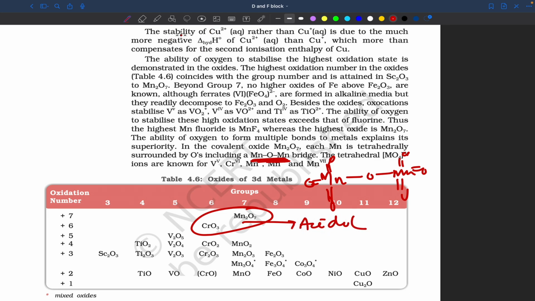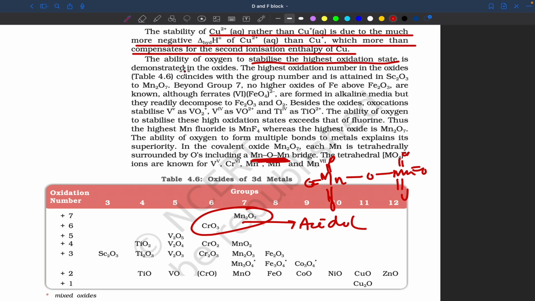The stability of copper +2 rather than copper +1 is due to the much more negative enthalpy of hydration of copper +2, which more than compensates the second ionization enthalpy of copper. The ability of oxygen to stabilize the highest oxidation state is demonstrated by the oxides.